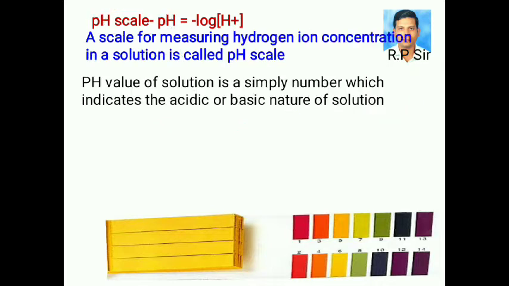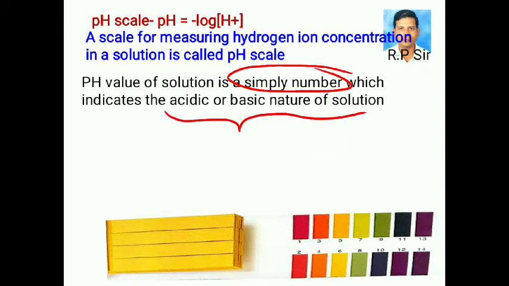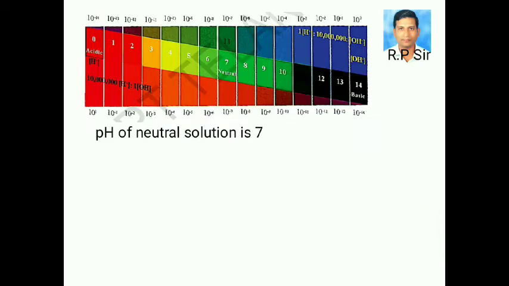The pH value of a solution is simply a number which indicates the acidic or basic nature of the solution. You can see the numbers here. You can see pH paper on the screen. The pH of neutral solution is 7.